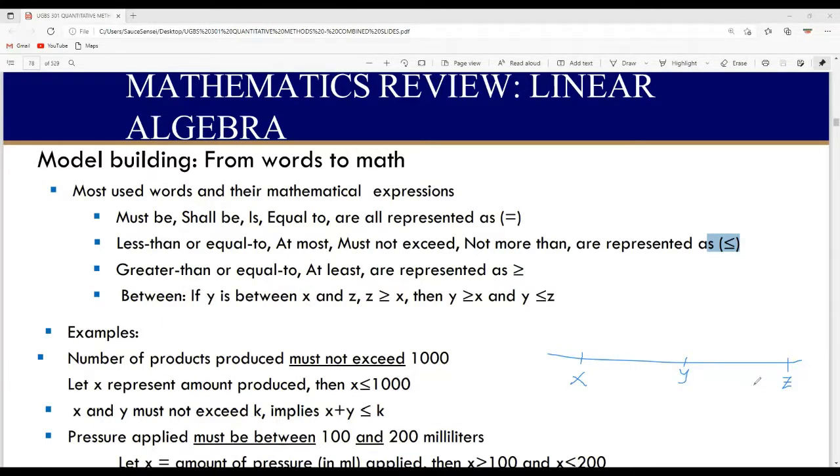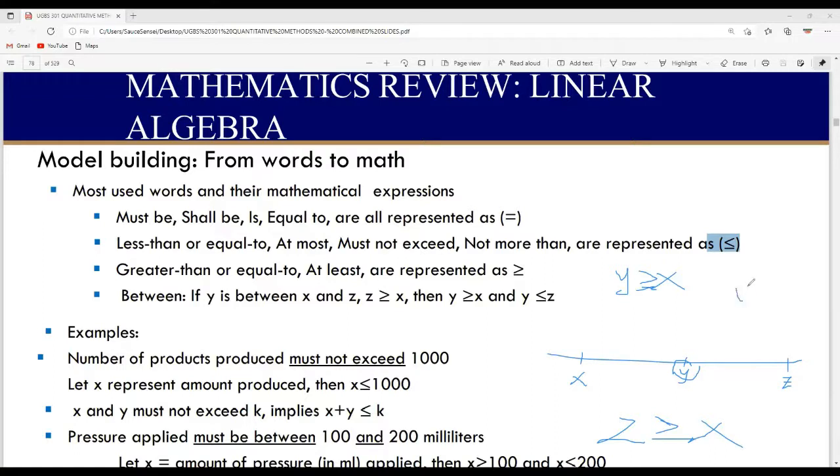So z is greater than or equal to x, and of course it's true, because you will find z after x. And y is greater than or equal to x, because we found y right after x. So y is greater than or equal to x.